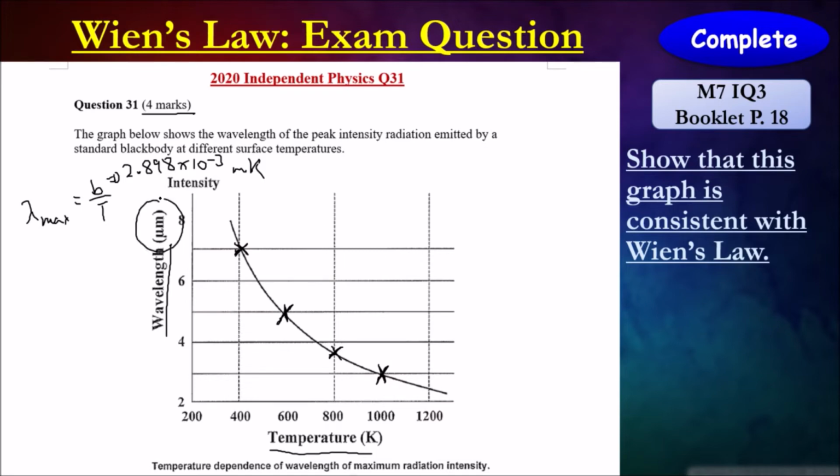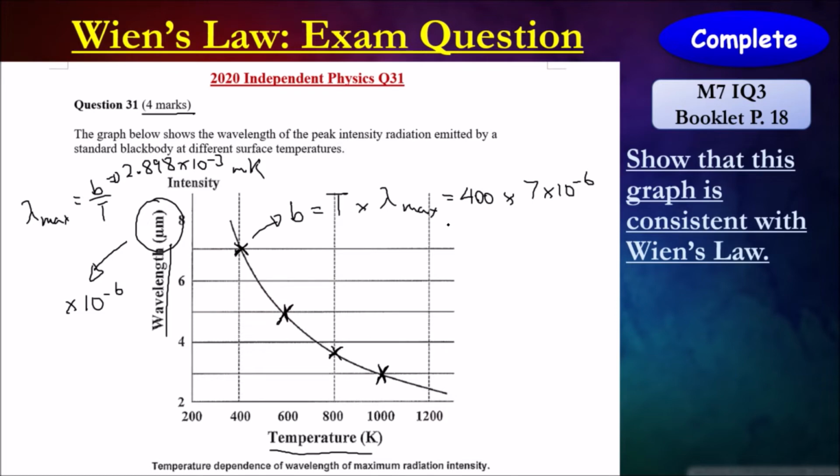The wavelength here is in micrometers, so to convert that into meters, it would be 10 to the power of -6. If I look at this, I want to find B. B would be equal to T multiplied by lambda max. In this case, T is approximately 400 Kelvin multiplied by lambda max, about 7 times 10 to the power of -6.